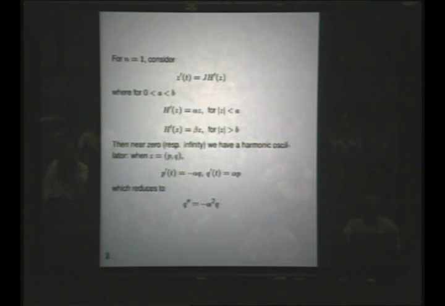When you write this as a pair of equations, it is P prime equals minus alpha Q, and Q prime equals alpha P, and that reduces to this second order equation.